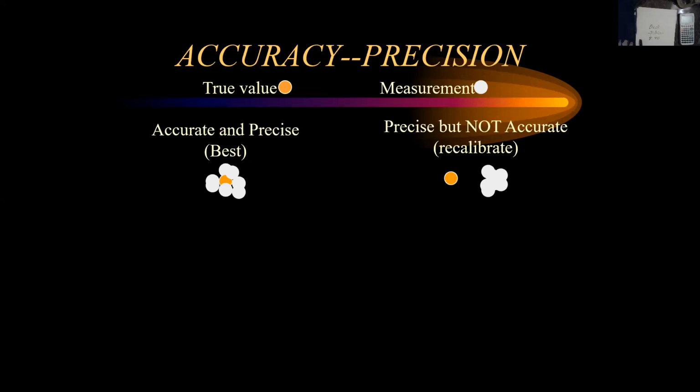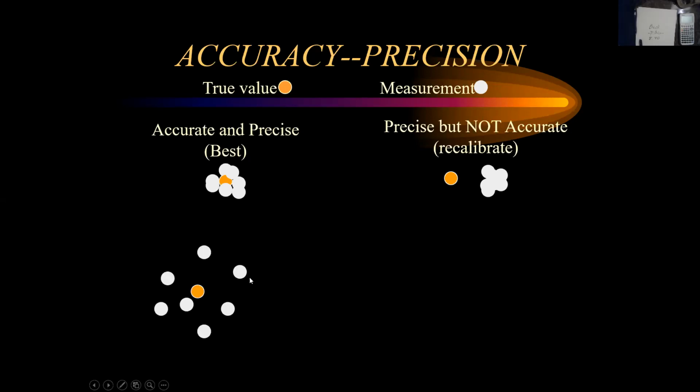And if it's a case like this, it's reading over here, and the true value was 1 gram, it's reading something bigger than that, then he's just going to change the internal adjustments on that balance to move all of these readings on top of this one and get this picture over here on the left. So you can recalibrate the balance to make it accurate. And we do that, I think, yearly in all of our labs. We adjust each balance so that it gives a good, accurate, and precise measurement of something we actually know what the weight of it is.